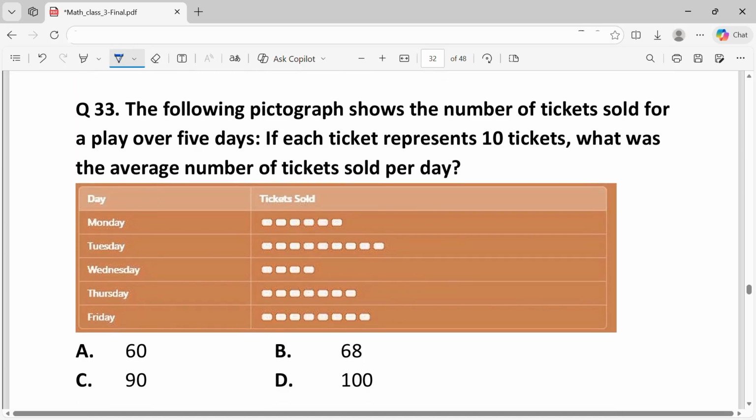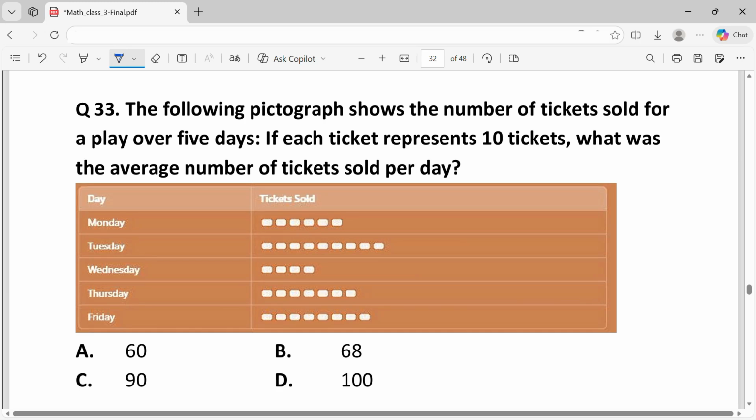Question 33. The following pictograph shows the number of tickets sold for a play over 5 days. If each ticket represents 10 tickets, what is the average number of tickets sold per day? The average is the sum of tickets sold every day upon 5.